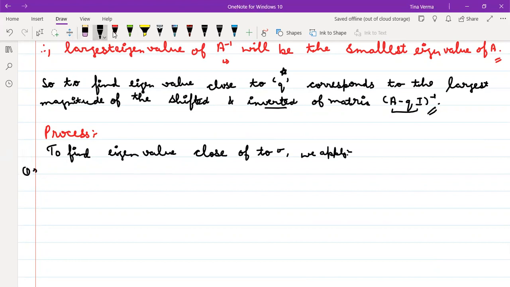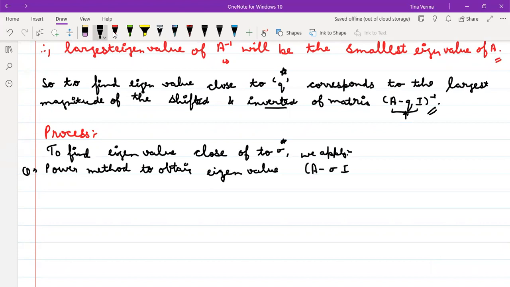A minus QI के. So you will apply your power method to obtain आइगन वैल्यू ऑफ, आपको किसकी वैल्यू निकालनी पड़ेगी? हम क्या कह रहे हैं, अगर सिग्मा के नजदीक चाहिए तो मुझे किसकी वैल्यू निकालनी पड़ेगी? A minus सिग्मा I इनवर्स की वैल्यू निकालनी पड़ेगी, लार्जेस्ट आइगन वैल्यू पावर मेथड से.